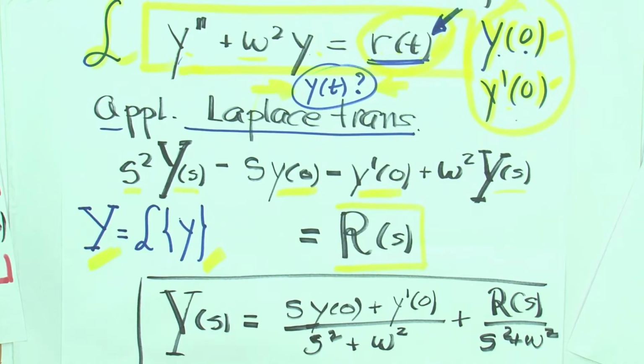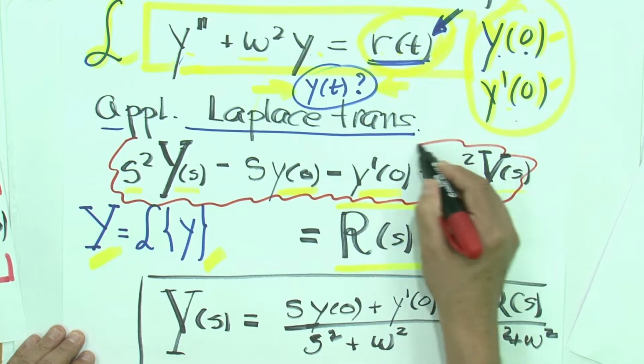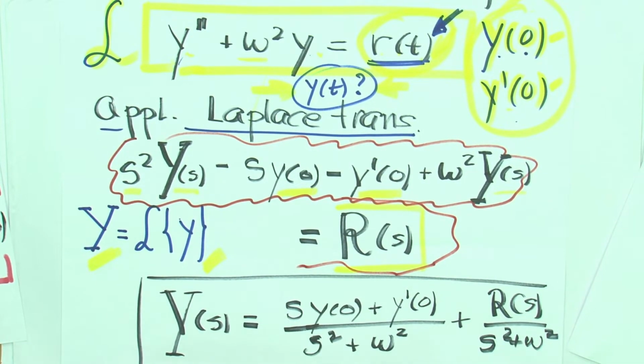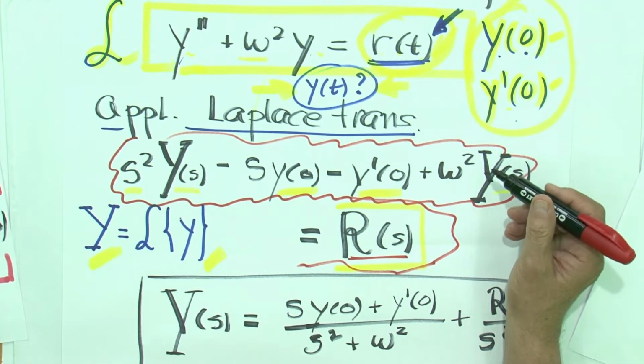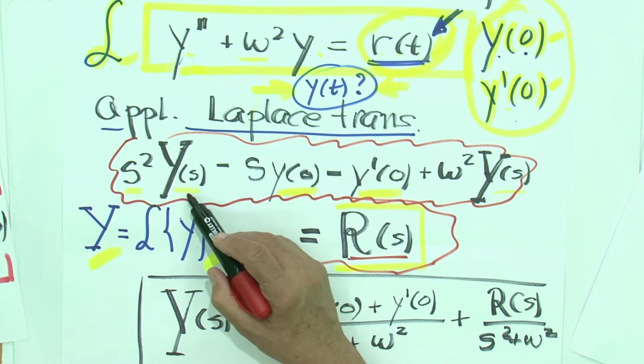Right. So we have this. This now is a very powerful algebraic equation. There is no more derivative in it. This is an algebraic equation involving this part, where this is well-known. It's a function of s. And this is the Laplace transform.